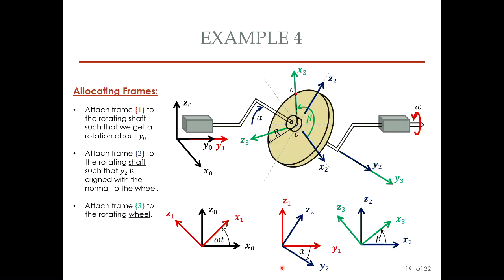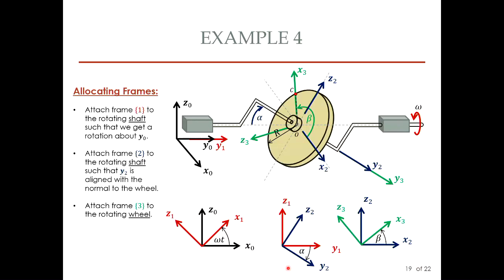So we have here a negative rotation by angle alpha about axis z1, right? And this alpha is a constant, I remind you. So if I take the derivative of alpha with respect to time, I get 0. We will use it next lecture.